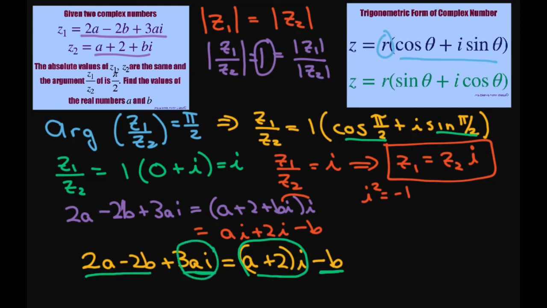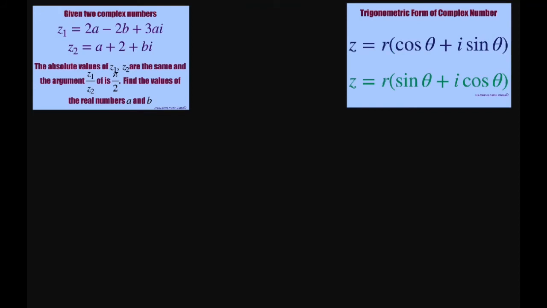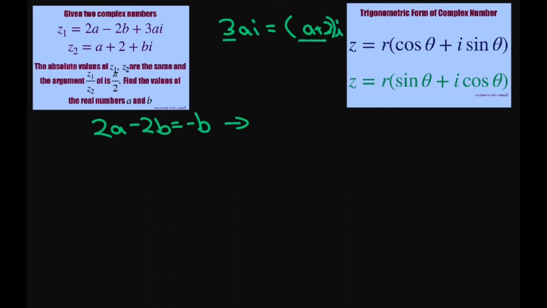So that's what we're going to do next. We are going to get 2a minus 2b equals negative b. And then when I grouped the other, we had 3ai equals (a plus 2)i. So that means we're going to have 3a equals a plus 2.